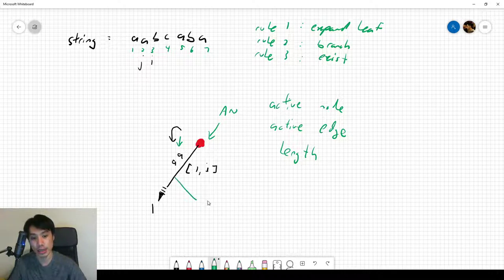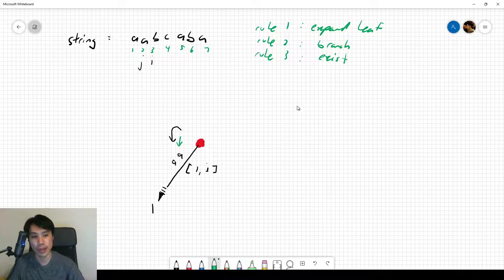What you see here is my active edge, and my length will be 1 because my pointer is at the first alphabet A. A nice thing about using Ukkonen is, if you make use of such a pointer, instead of beginning again and trying to figure out AB, I instantly look at the next alphabet, which is my B.